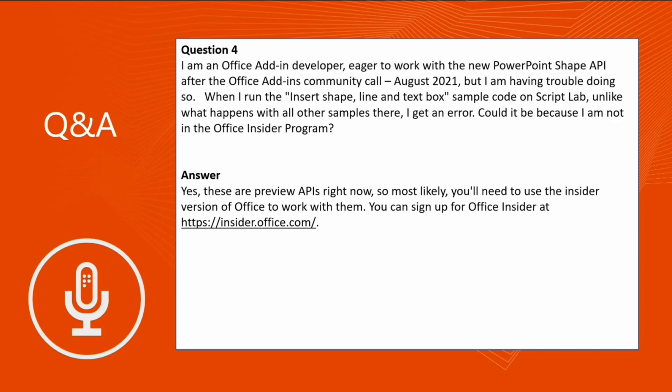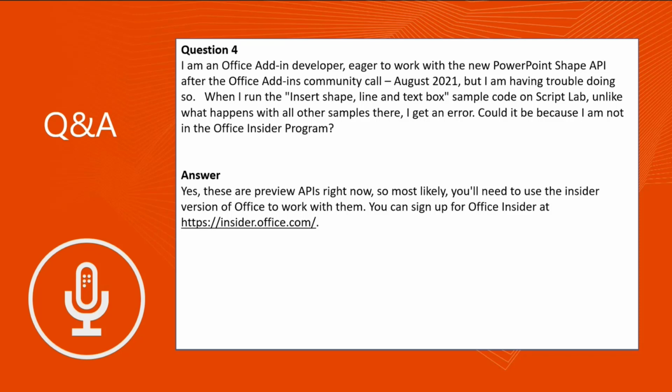And next question, question 4. I'm an Office add-in developer eager to work with the new PowerPoint Shape API, and after the Office add-ins community call in August 2021, I'm having trouble doing so. So when I run the insert shape, line, and text box sample code on Script Lab, unlike what happens with other samples there, I get an error.